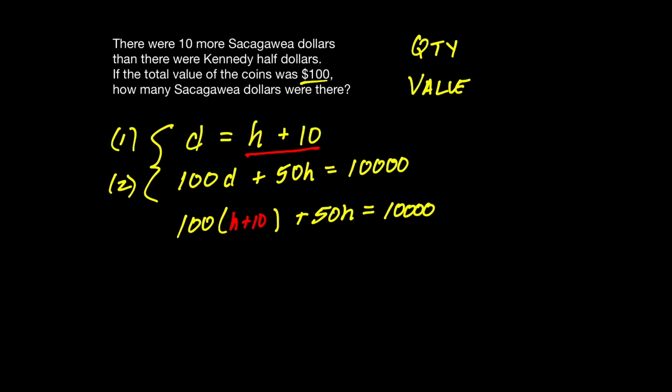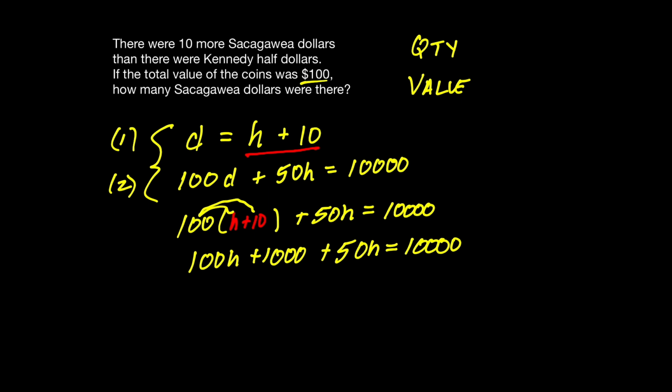So I can use substitution and do this. Then I'm going to distribute. 100 times H is 100H plus 100 times 10. That gives us 1,000 plus 50H equals 10,000.